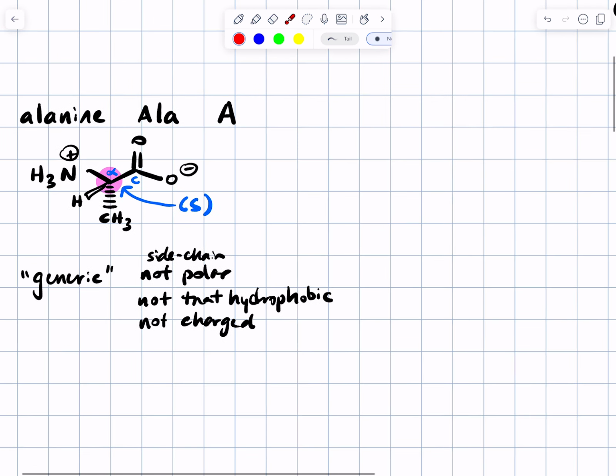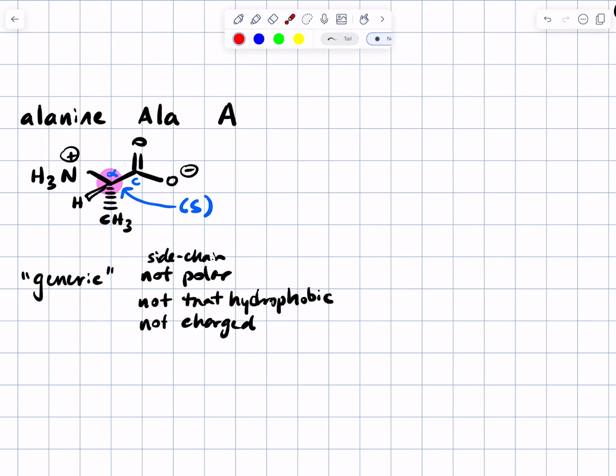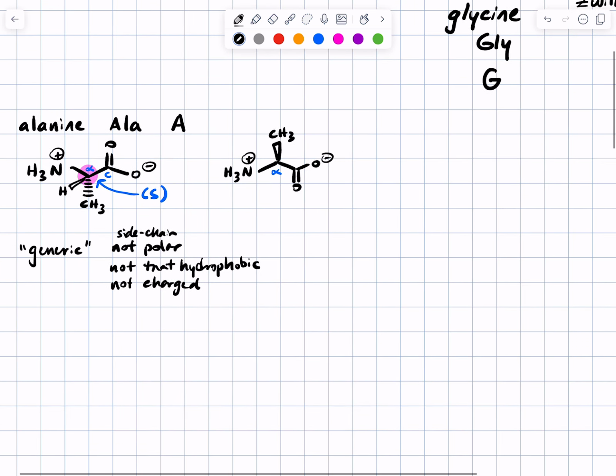If I rearrange things and draw the molecule with the nitrogen on the left and the carboxylate on the right, but the alpha carbon at sort of a peak, then the side chain would be a wedge rather than a dash.